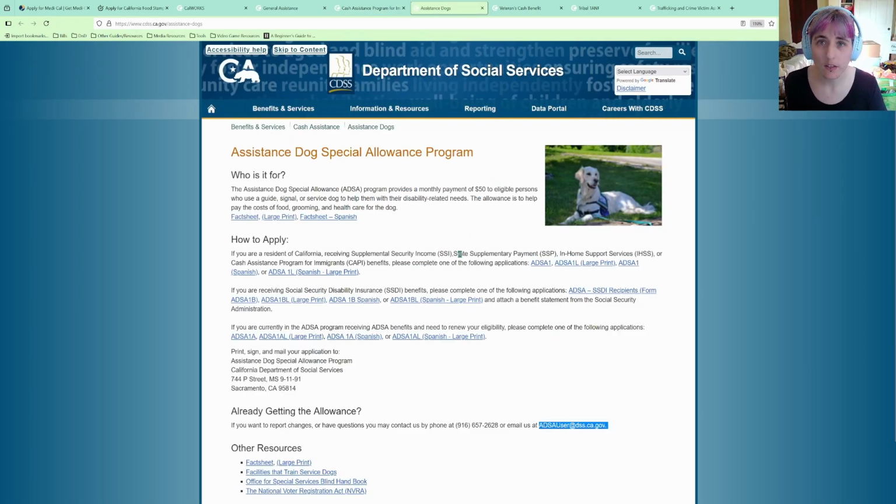For the Assistance Dog Special Allowance Program, if you already qualify through a program that you've gotten accepted to, such as SSI, IHSS, CAPI, SSDI, you can use one of the appropriate ASDA 1 forms and then mail that to the California Department of Social Services, and the address is available online.